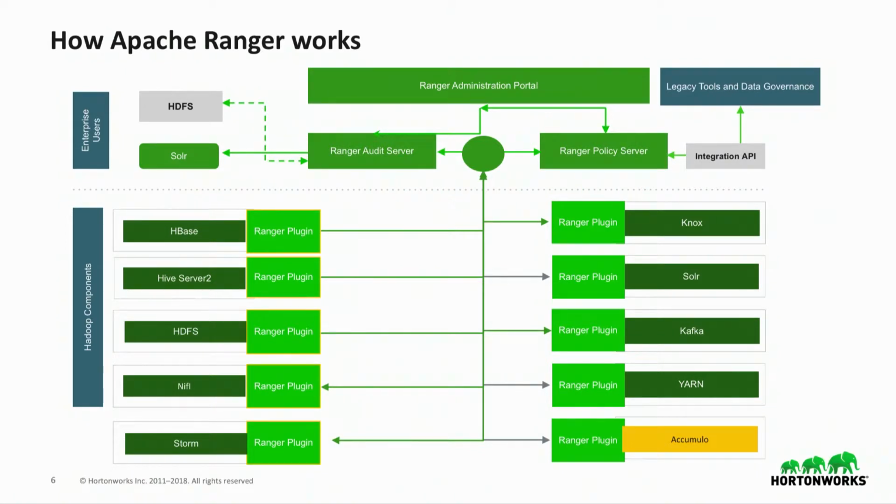So you don't have to query the admin UI each time, and you have a relatively quick interaction that occurs for determining whether that access was appropriate or not, and it will send off the audit event to, as you can see, HDFS or Solr, or both, depending upon which one you have configured.